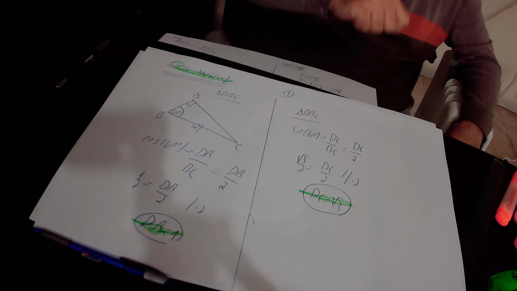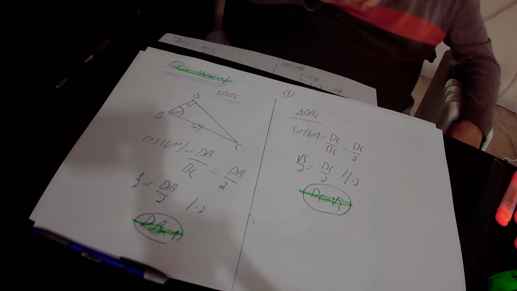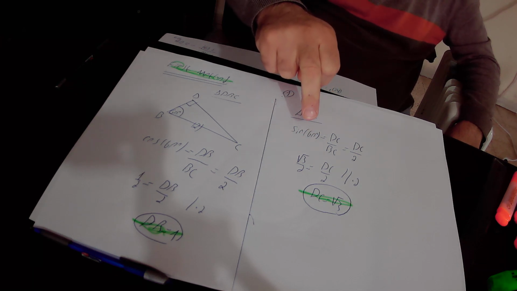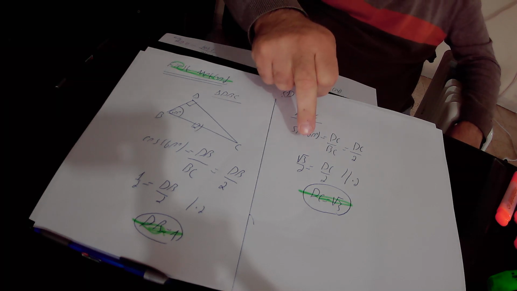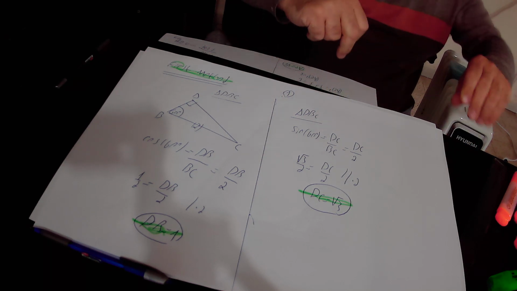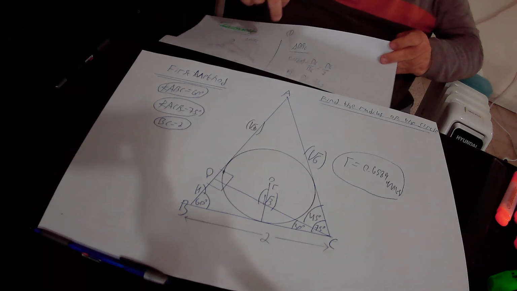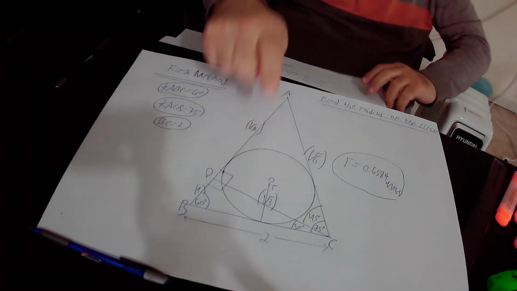Sine 60 degrees is square root of 3 over 2, so square root of 3 over 2 equals DC over 2. We multiply this equation by 2 and finally find that DC equals square root of 3 units in length. Here, this side DC equals square root of 3 units.